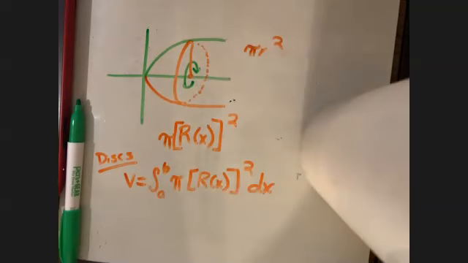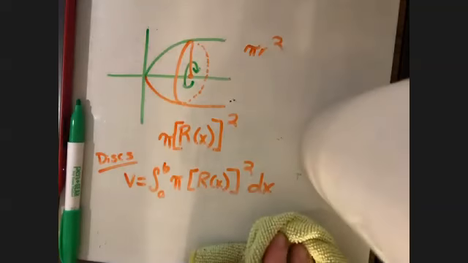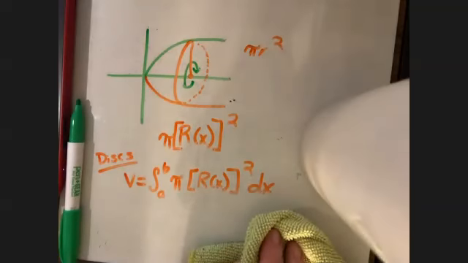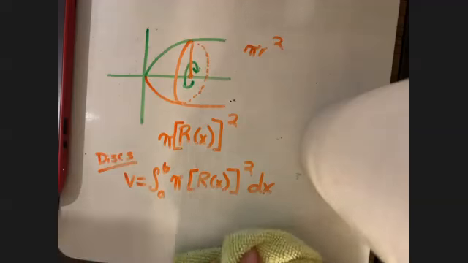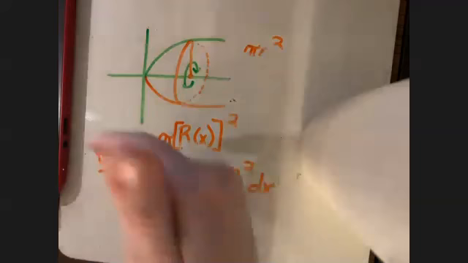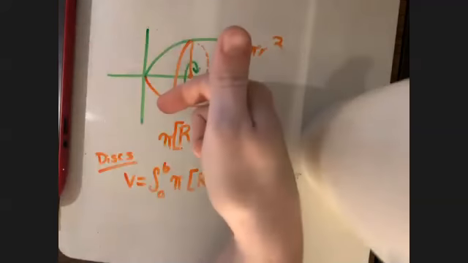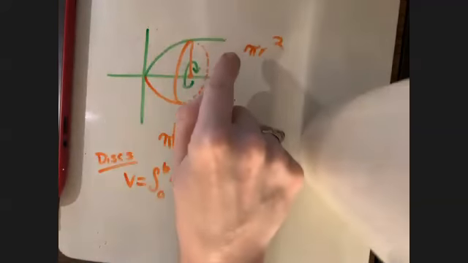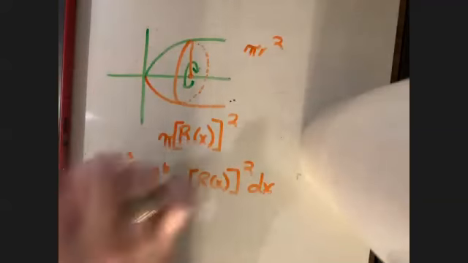So when we do this, they are going to say that we're revolving it around, and guys, you're going to have to watch which way they're spinning it. Because if they spin it around the x-axis, then our functions need to be in terms of x's. If they decide to spin this thing around the y-axis, your equations need to be in terms of y's. So we got to watch that.